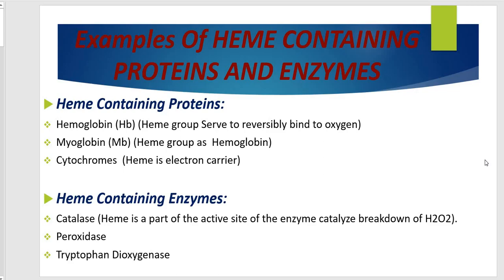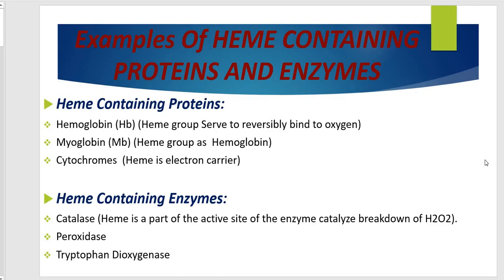They are the enzymes of the electron transport chain. They contain heme as an electron carrier. We will study it and explain it in biological oxidation in the electron transport chain.